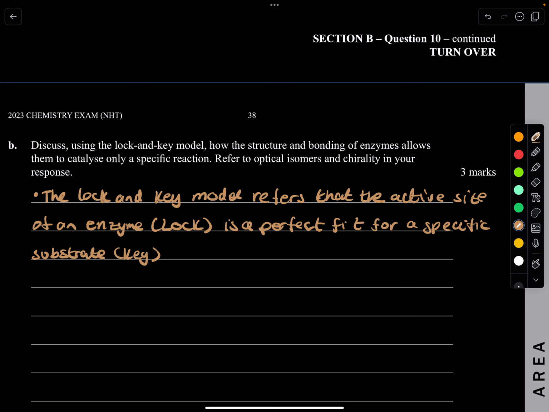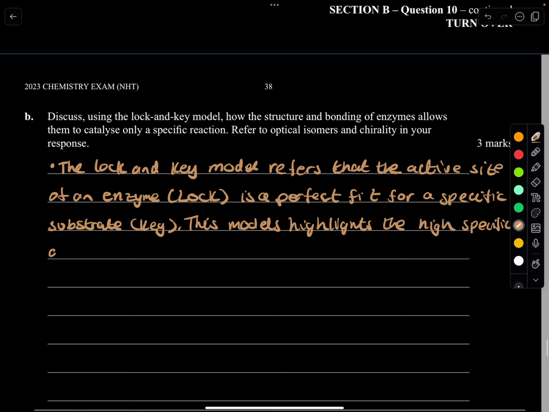That's what the lock and key is. Basically, this model highlights the high specificity of enzymes for their substrates. Beautiful. So I think that should get you 1 mark for talking about the lock and key model.